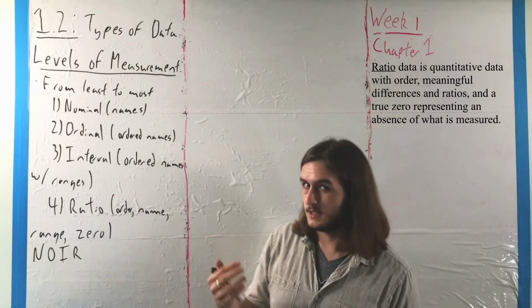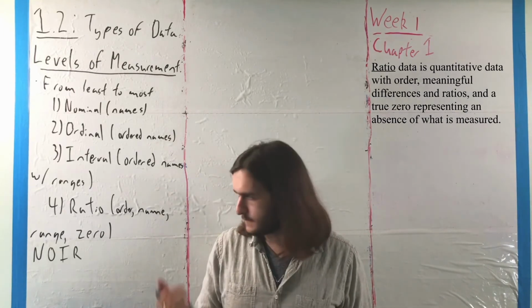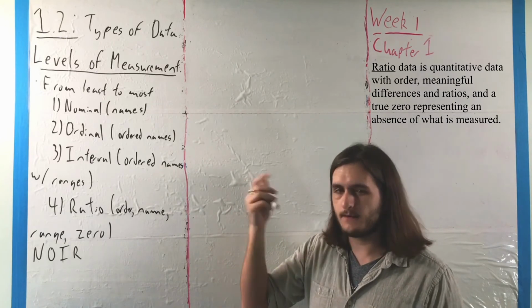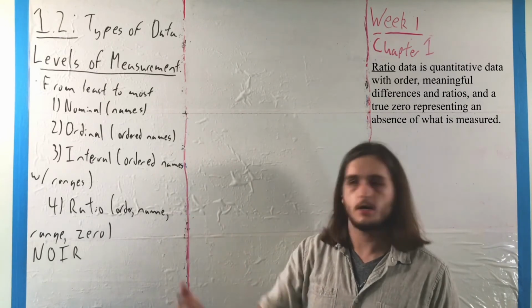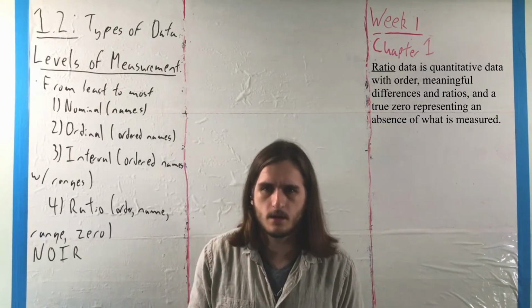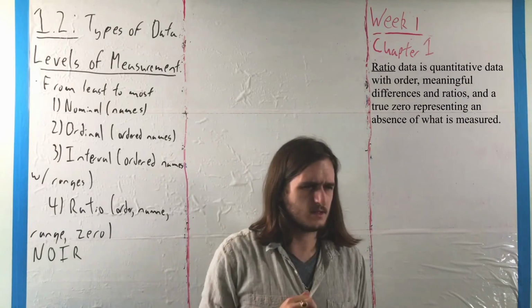It's easier to think about things in terms of that true meaningful zero, where thinking about temperature, if you have the value 0 degrees Fahrenheit or 0 degrees Celsius or even 0 degrees Kelvin, well, maybe it does in the Kelvin scale, but that's theoretical.